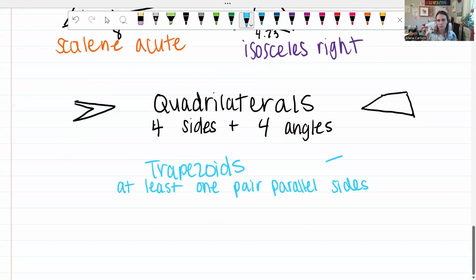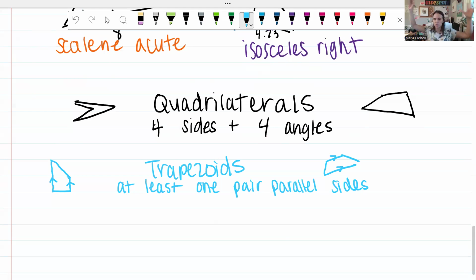So, for example, here's a very basic trapezoid. And here the two bases run parallel to each other. Sometimes you see ones that maybe look like this. So this is also a trapezoid because it is a quadrilateral. It has four sides, four angles, and only one pair of sides is parallel.